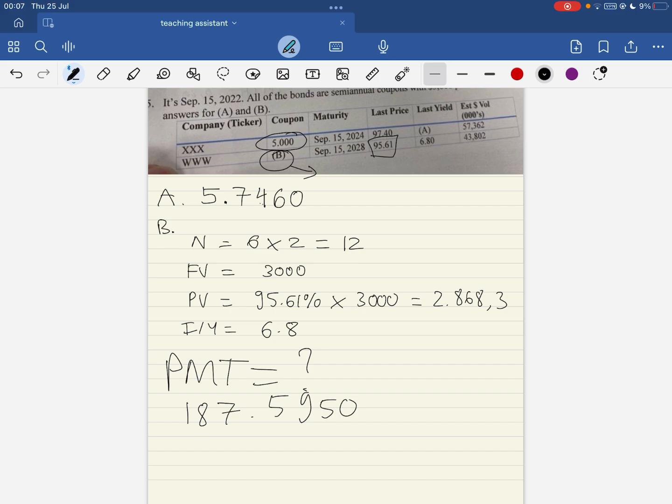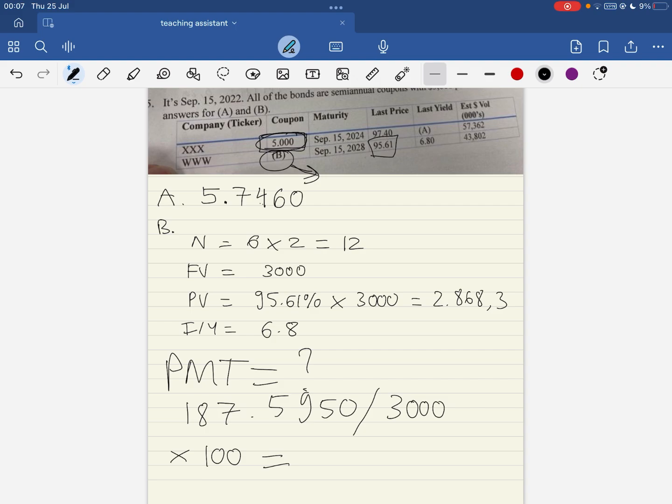Because as I have explained in part A, please take a look at part A. This 5 is 5%. So the answer for part B should also be something that has a similar format to part A. So to find the final answer, we have to take 187.5950 divided by 3000, which is the face value, and we times 100.